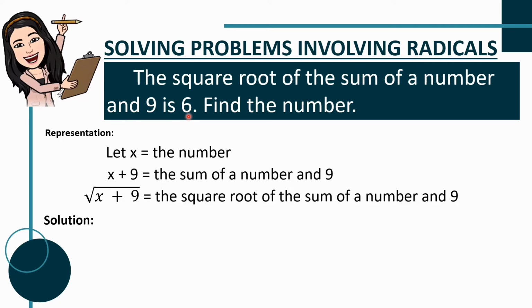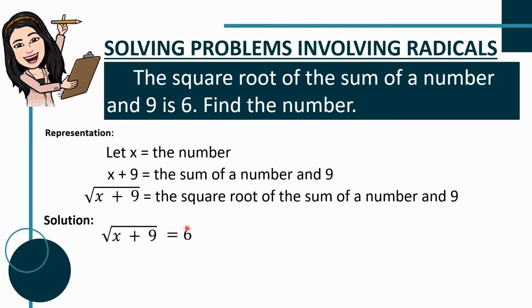Now, we are going to form an equation out of this statement. Sabi dyan, the square root of the sum of a number and 9 is 6. So, is represented as equal. So, let us form an equation. That would be the square root of x plus 9 is equal to 6.